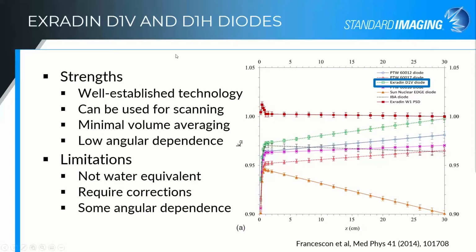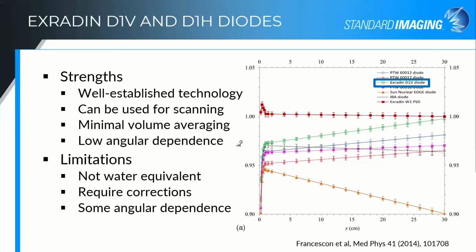As you're comparing your detectors, the strengths of diodes are that they are a very well-established technology. They've been on the market for quite some time. We understand the radiation damage, the behavior, and the energy dependence of these detectors. They give a nice high, quick signal, so you can use them for scanning very easily.